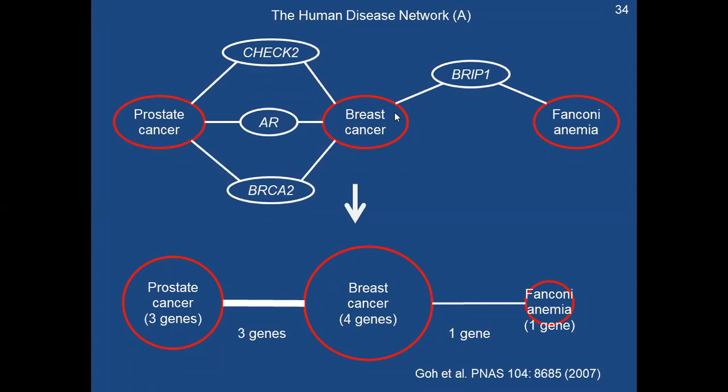BRIP1 was related only to breast cancer and Fanconi anemia, but nothing else. So to show this in a systems biology network, they generate this image on the bottom. Breast cancer is the largest node among these because it has 4 genes that interact with it. And maybe, if you like, you can even thicken the edge because there are 3 genes that support this argument.